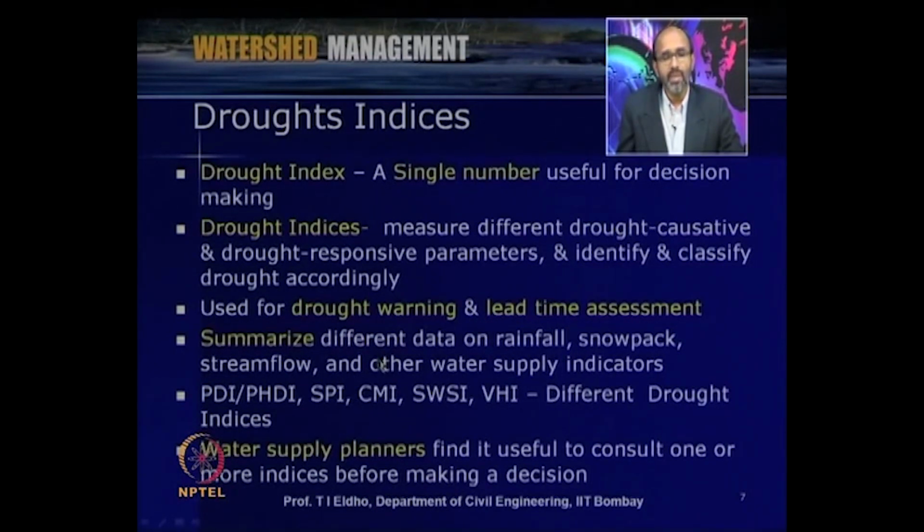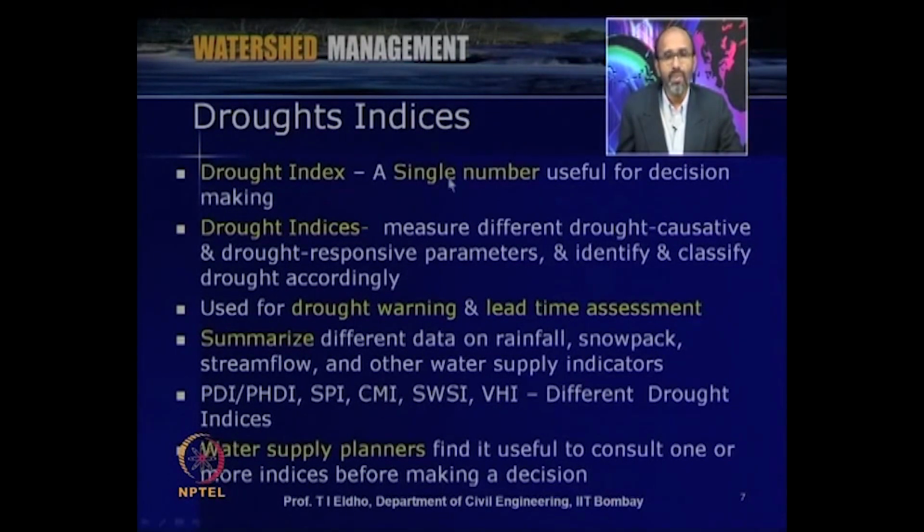So, some of the commonly used drought indices include Palmer drought index or Palmer hydrological drought index, then standardized precipitation index, then CMI, SWSI, VHI, like that. Say related to the surface water or related to vegetation or related to crop.